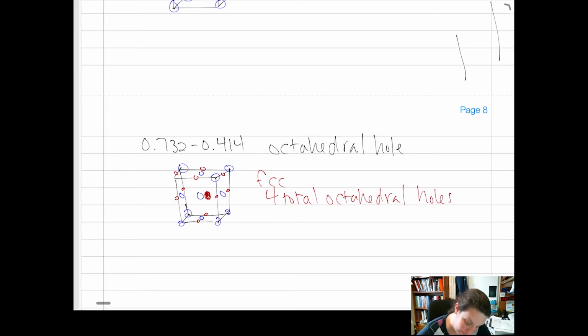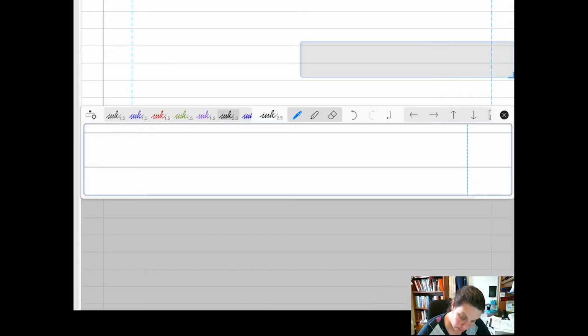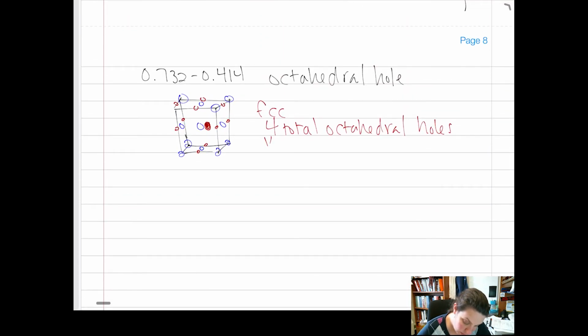So if we have half of them filled, we have a Z equal to 2. If they're all filled, we have a Z plus equal to 4.